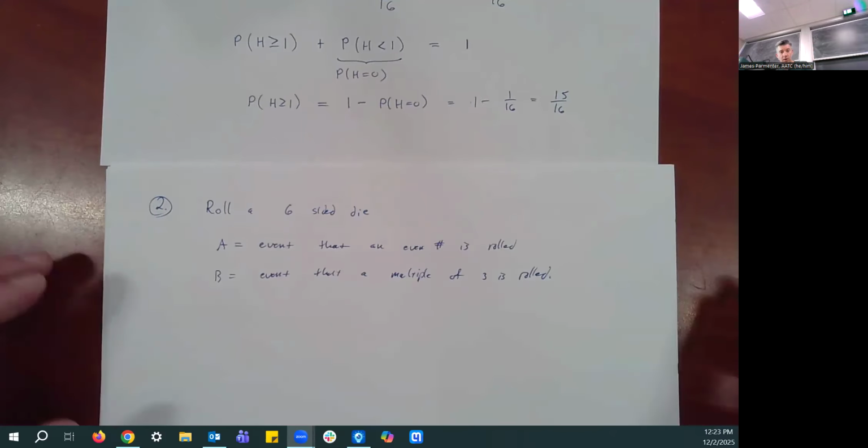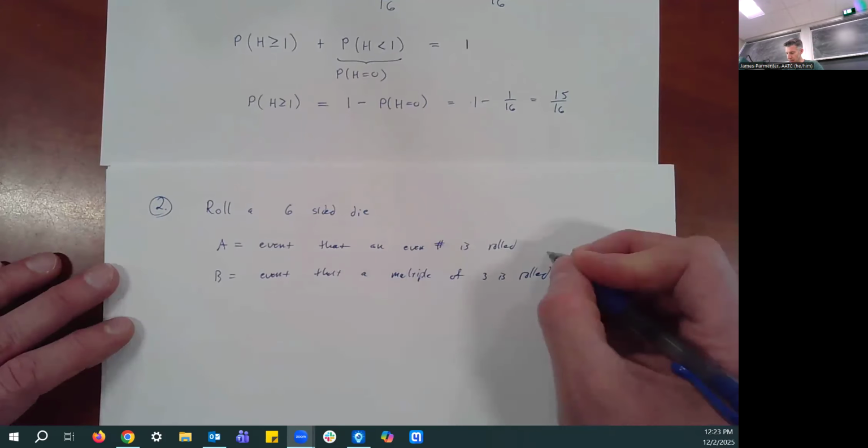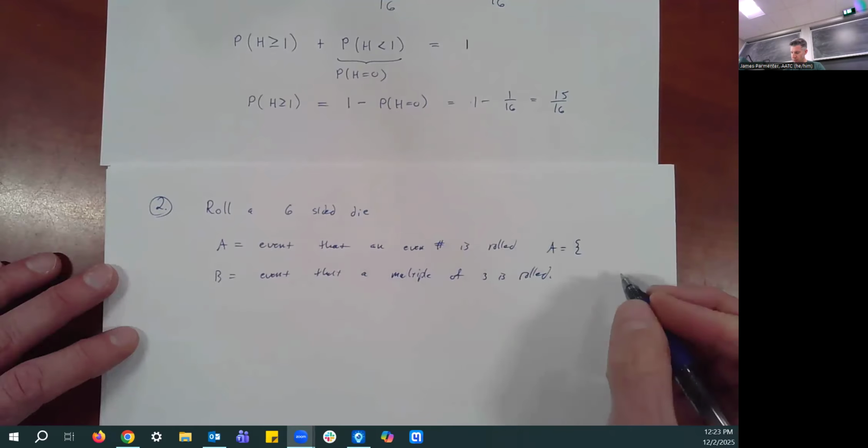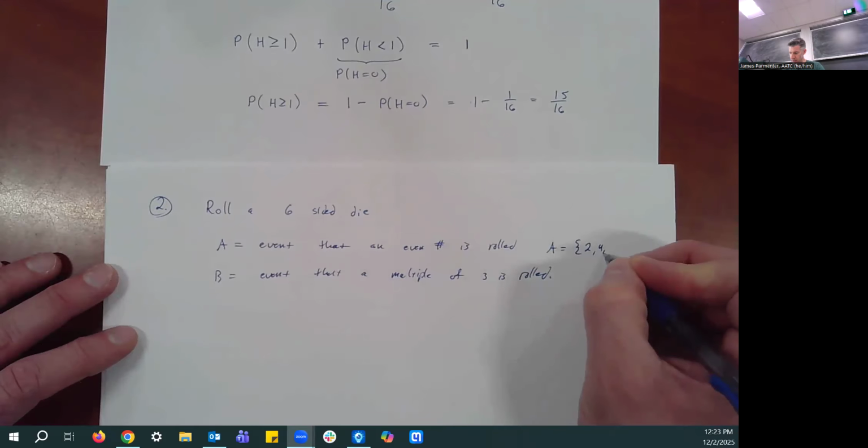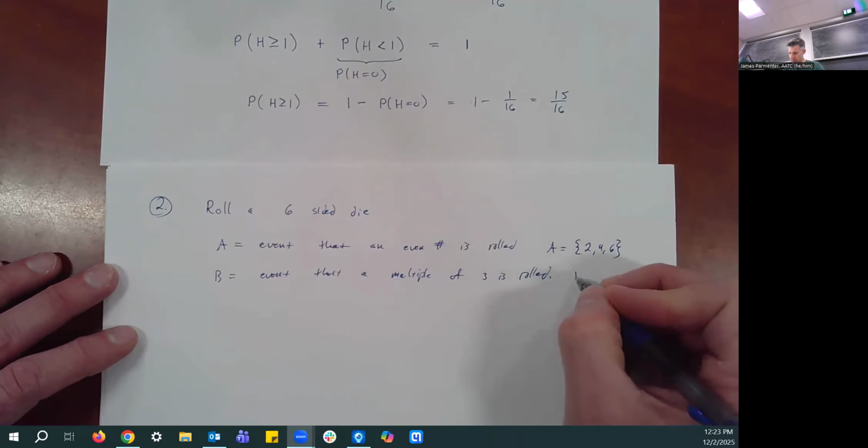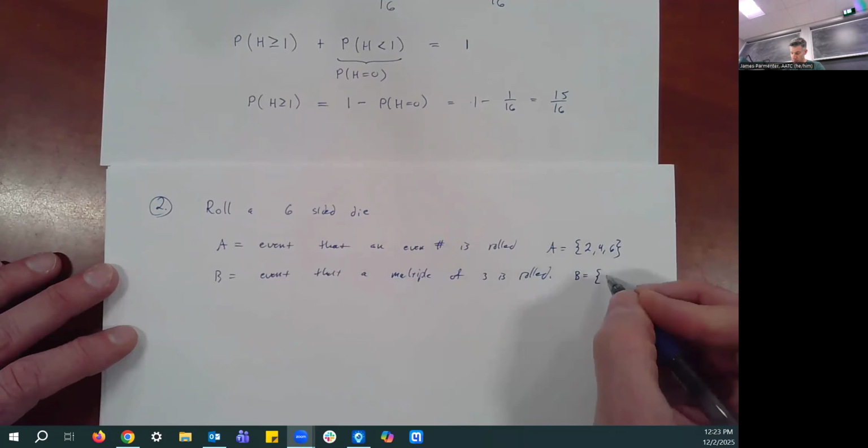We could write these out. So we could say that A is the set consisting of the results 2, 4, and 6, and B is the set consisting of the results 3 and 6.